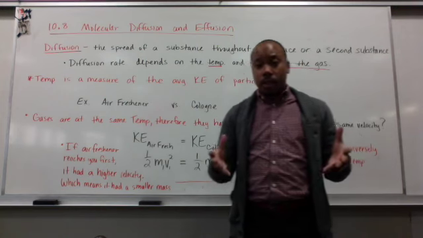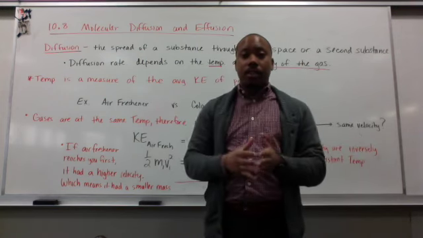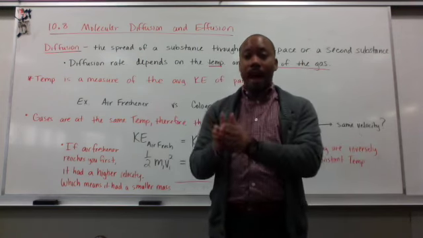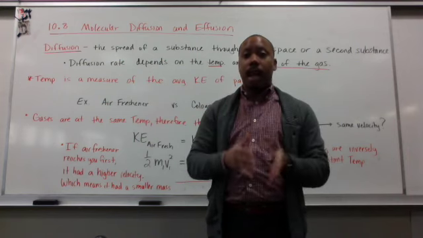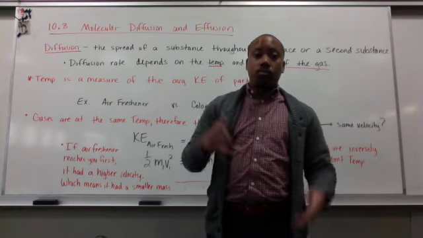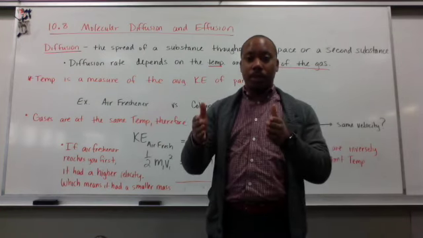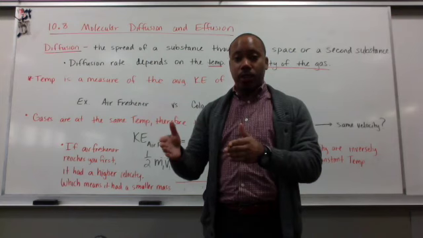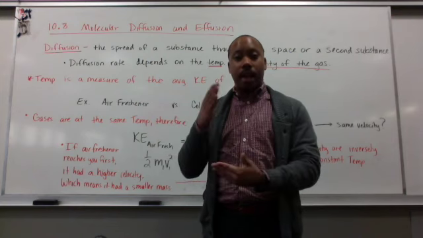And kinetic energy can be defined as 1/2 times the mass of that substance times the velocity squared of that substance. So diffusion depends on temperature. Temperature depends on kinetic energy. Kinetic energy depends on mass and velocity.